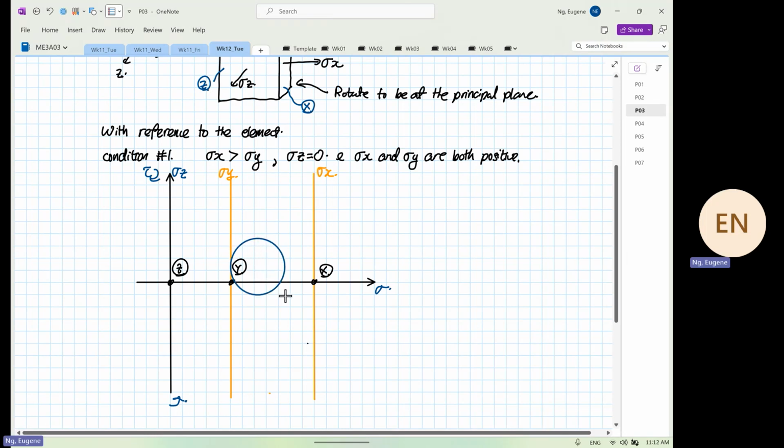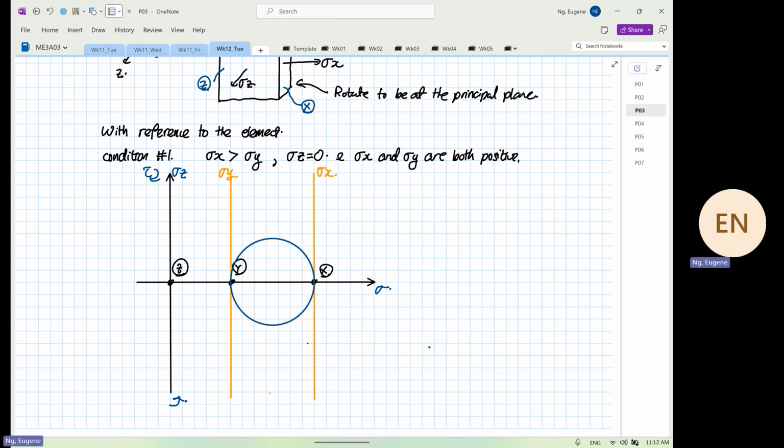So this is our first circle. And this circle belongs to who? Anyone? What plane? It belongs to our XY plane. Later on, we go into the in plane and out of plane.